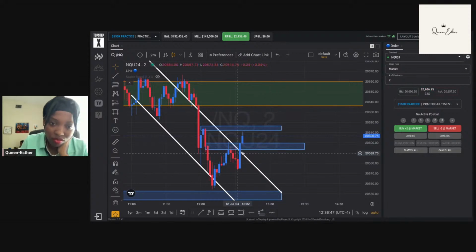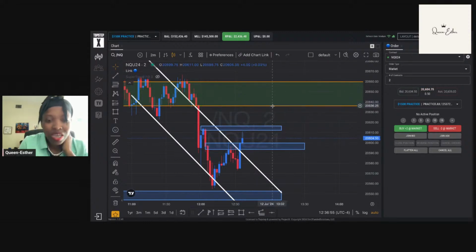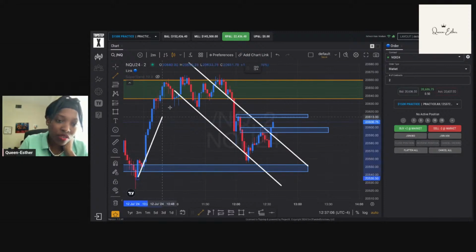See that? And I always try to exit before the market comes exactly here, because look where it came, right here. And look, so this is also a flag pattern. If you pay attention, I don't know where they come up with these things in trading, but that's how I learned. It kind of looks like a flag if you look at it.